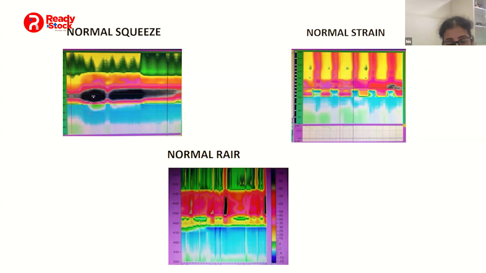Once a patient is unable to expel a balloon, we will have to look at causes for the same, which we shall discuss. So this is just diagrams to show you. Here you're seeing that the patient is utilizing only the anal sphincter to augment the sphincter pressures in a squeeze maneuver.